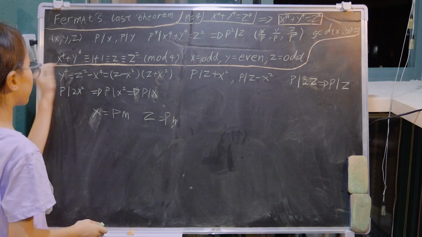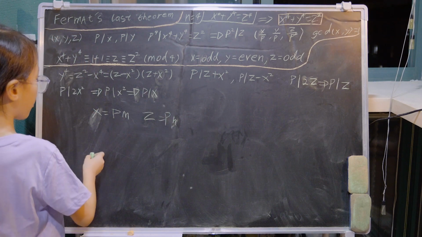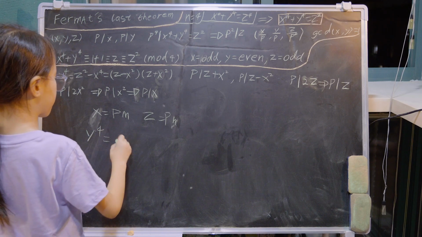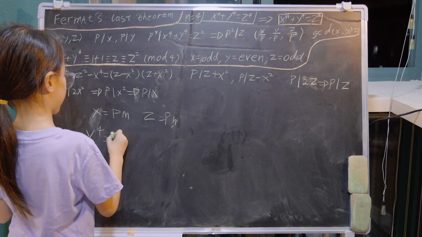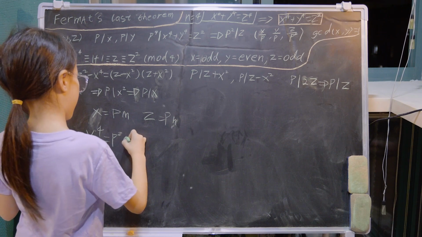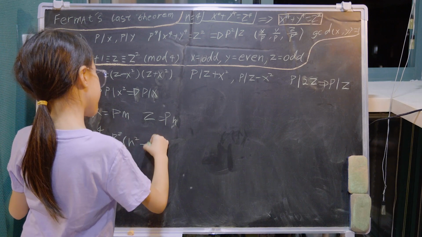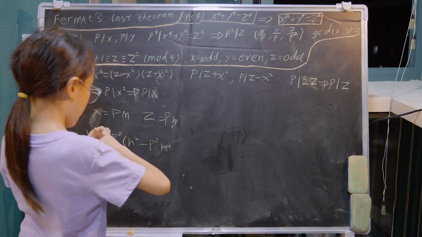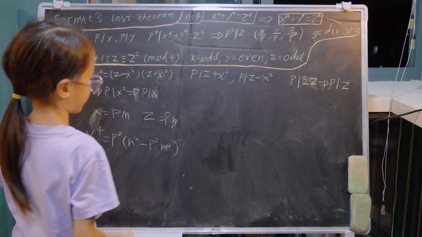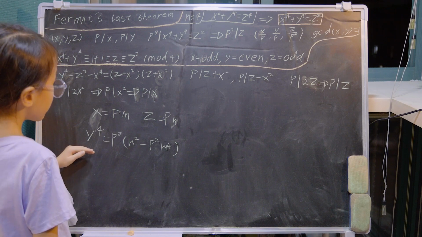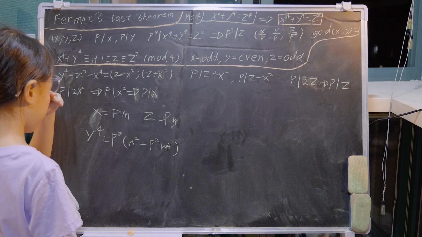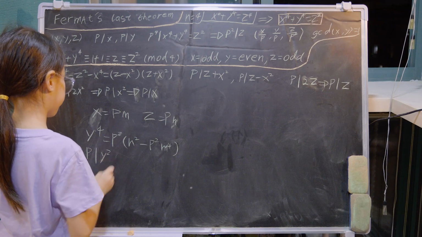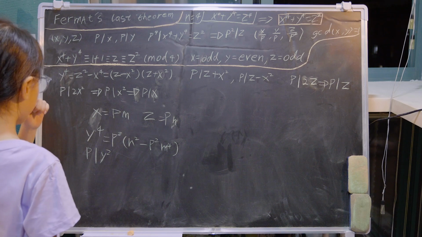If we plug into our original equation, we have y to the 4 equal to, factoring out p squared, p squared times the bracket n squared minus p squared times n to the 4. So p squared is a divisor of y to the 4, so p is a divisor of y squared.